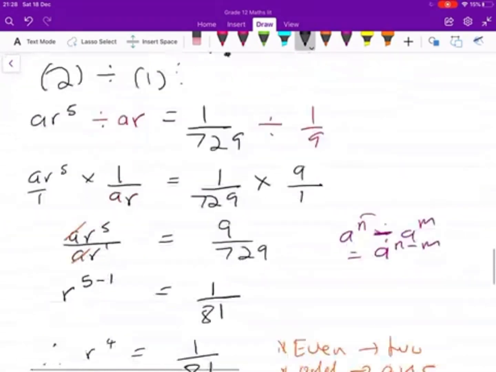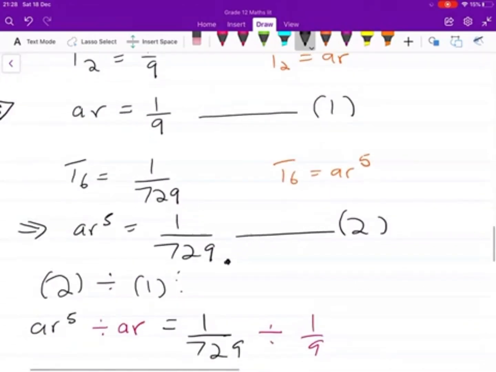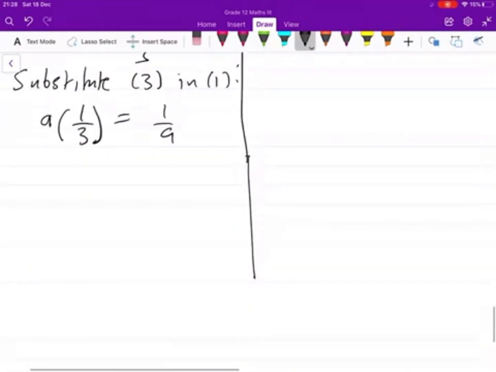Let us see what's happening. We have A, we are looking for that. R, we do know what it is, and all of this, guys, is equal to 1 over 9. So if we now apply the multiplicative inverse here, this is A over 3 equals 1 over 9.